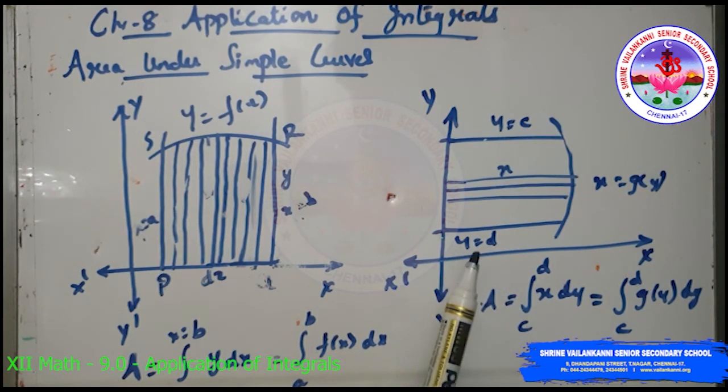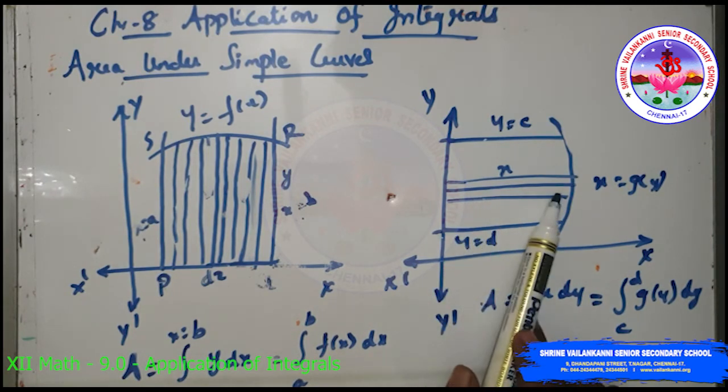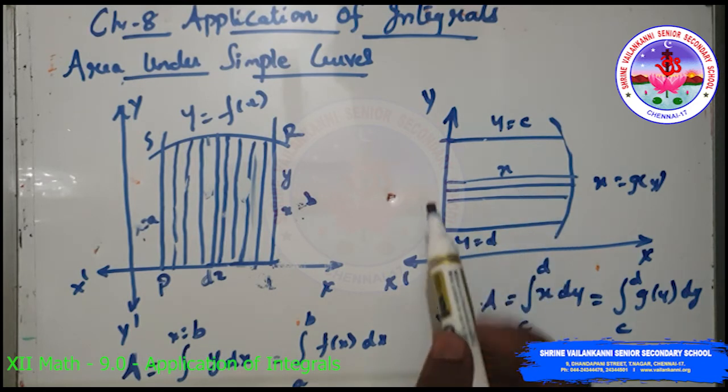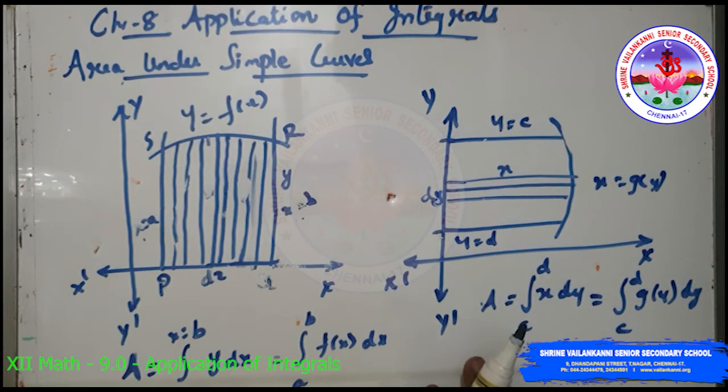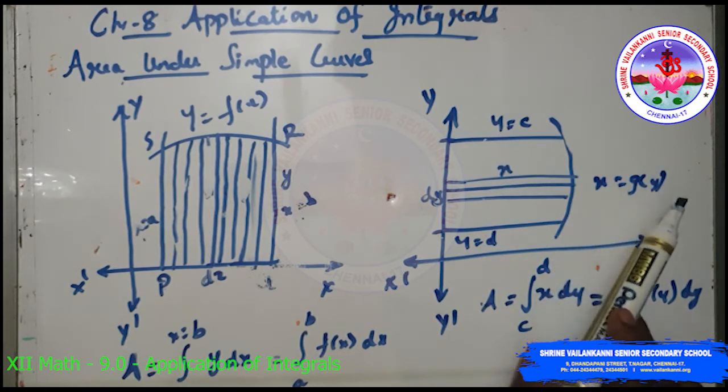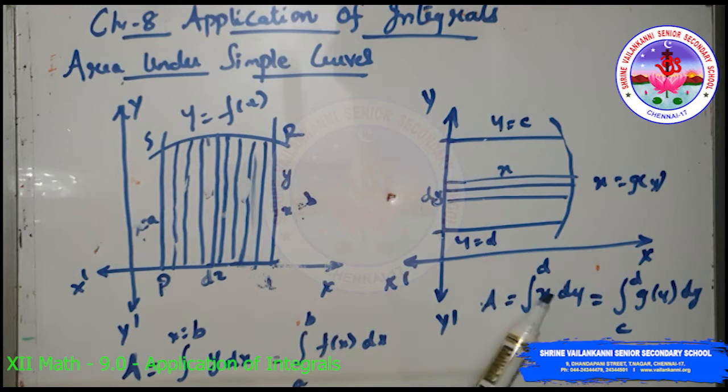Here we take an arbitrary strip of height x and width dy. Then dA, the area of the elementary strip, is equal to x into dy, where x is g of y. So we can use either of these two formulas, area equal to y dx or area equal to x dy.